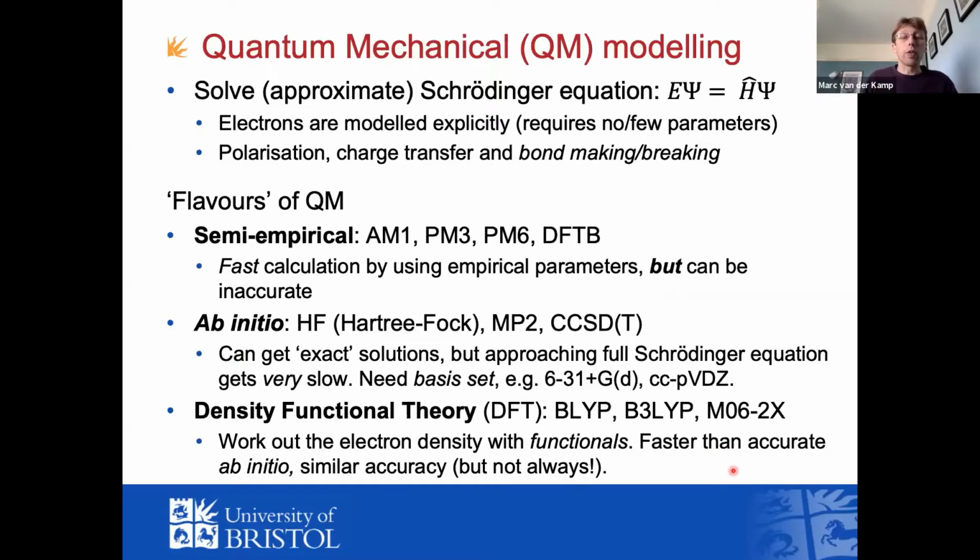But one point, of course, is that these density functional methods are not systematically improvable. So, for example, methods like M062X do really well on benchmarks of reaction barriers, but we cannot be absolutely confident they will always do the right thing. Okay.